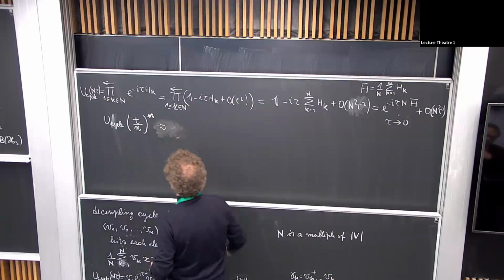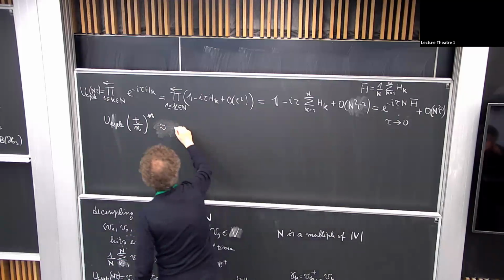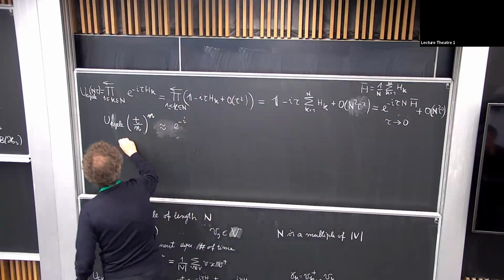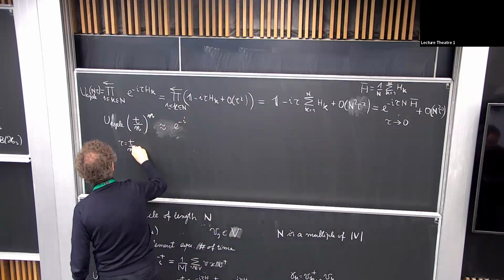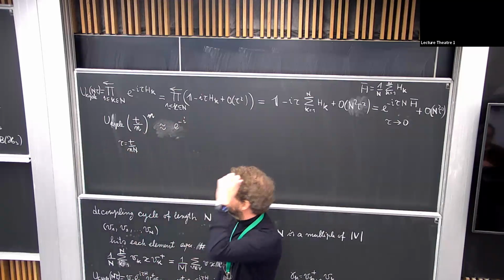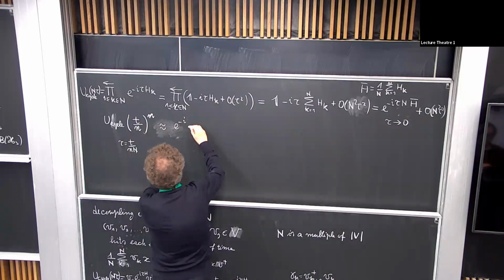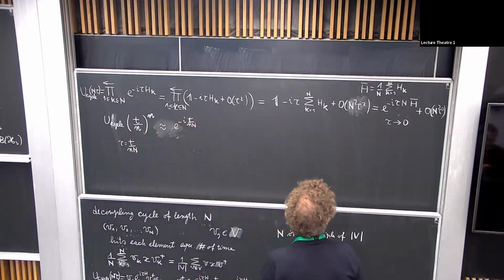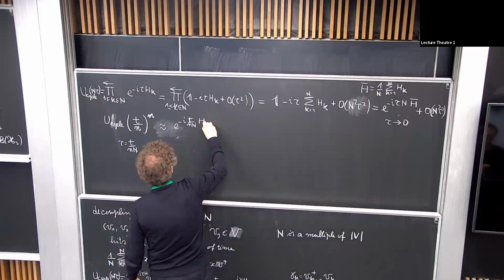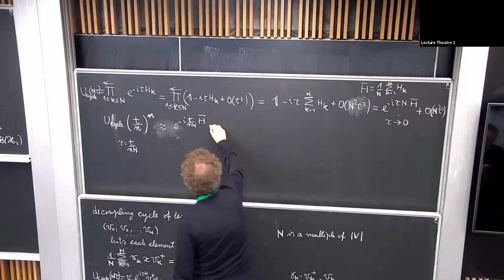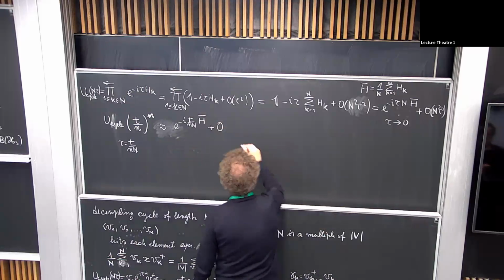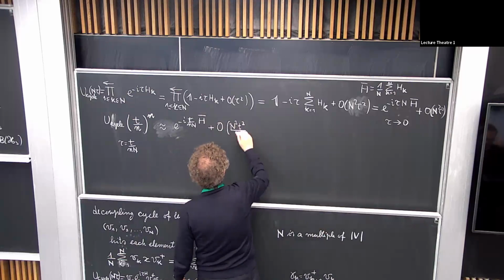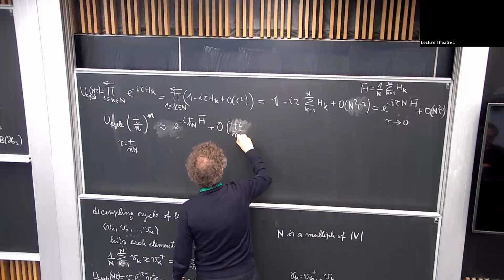Let me write this. This is e to the minus i, now tau is t over n capital N, t over n capital N h bar, plus order n squared t squared, so I have t squared over n squared.